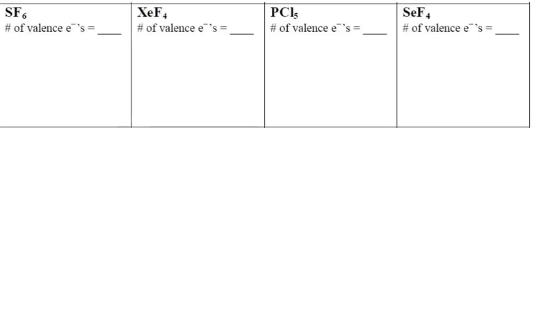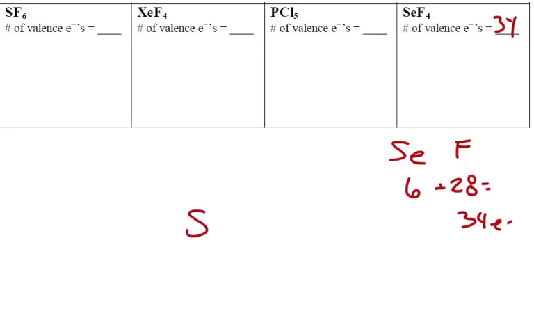The last one is SeF4. Well, Se is in the same family as oxygen, so it has 6 valence electrons. Okay, the fluorine's 7, and so 7 times 4 would be 28. So we have a total number of electrons here of 34. So we have selenium has 6 valence electrons.